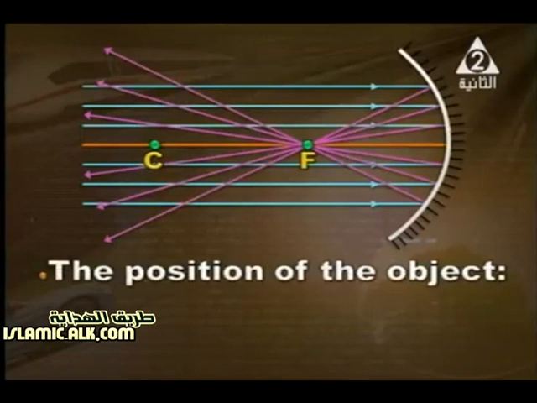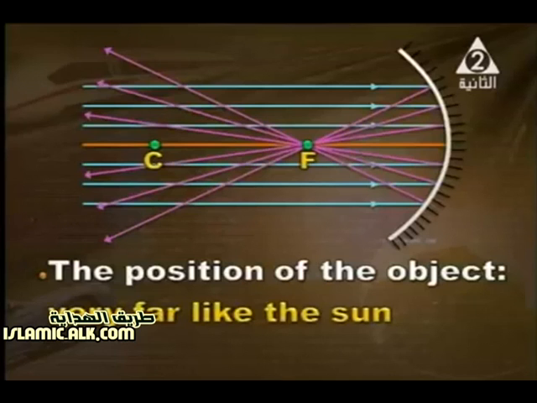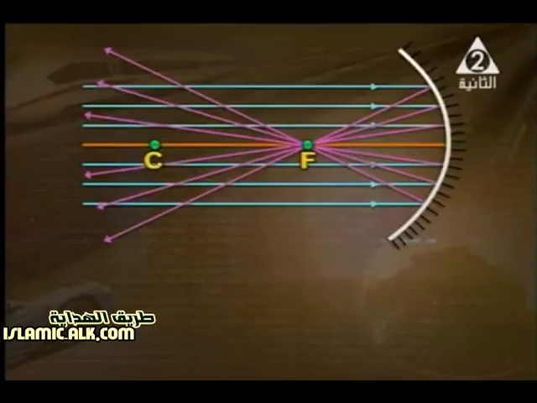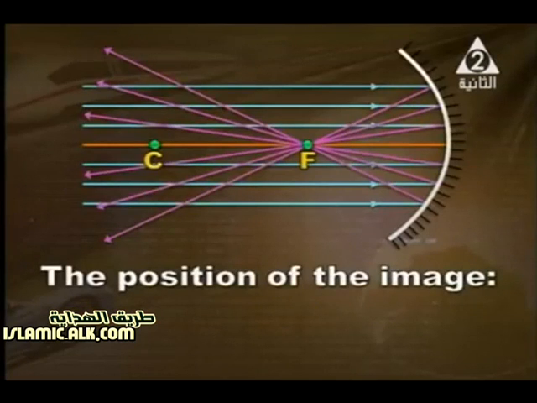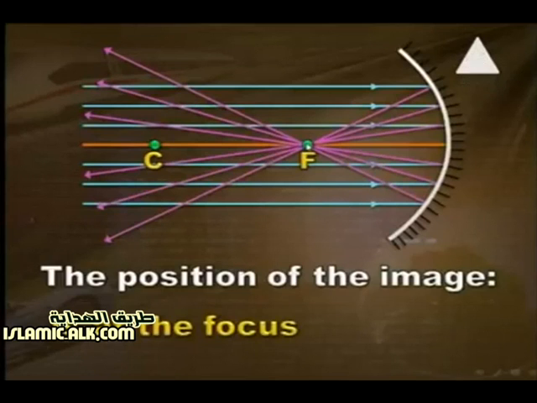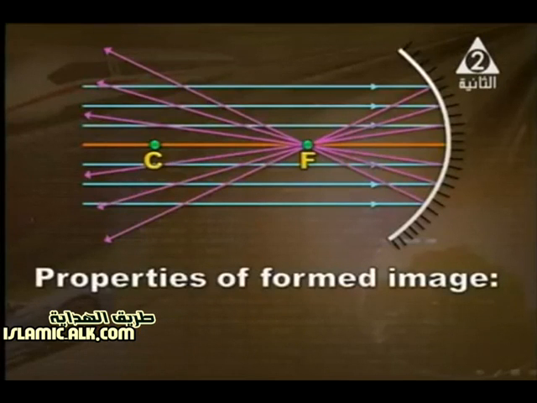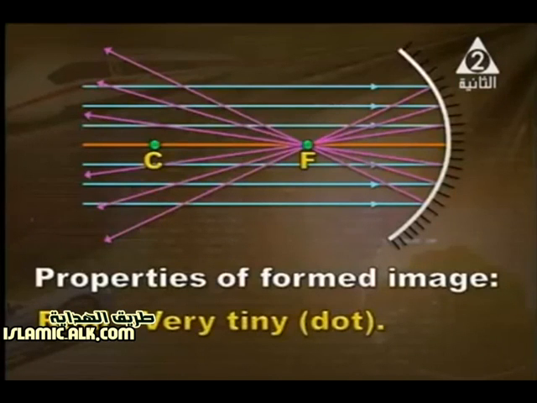The position of the object is very far, like the sun. The position of the image is formed on the focus. What are the properties of the image formed? Real and very tiny.